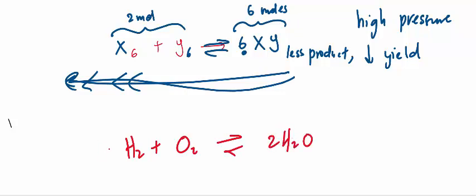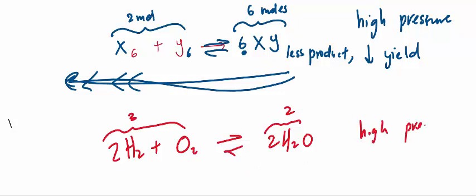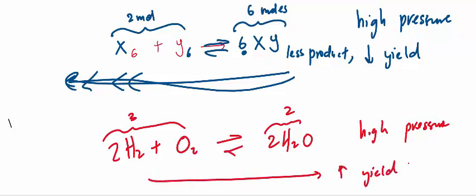Here all gas, all gas. Here how many? 3. Here how many? If I use high pressure, it will favor which side? Product. So high yield or low yield? High yield, higher. Get it?